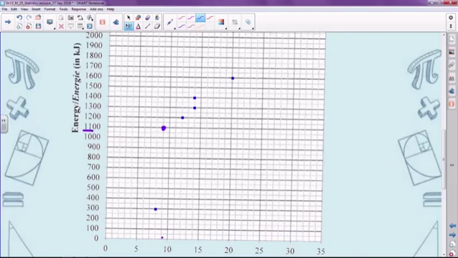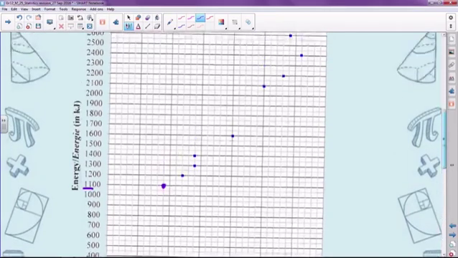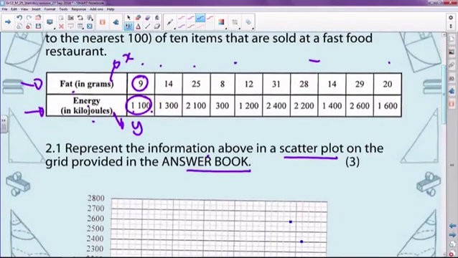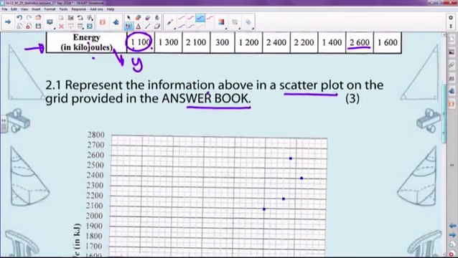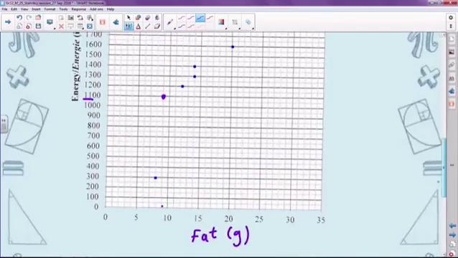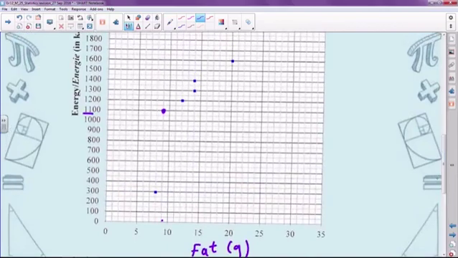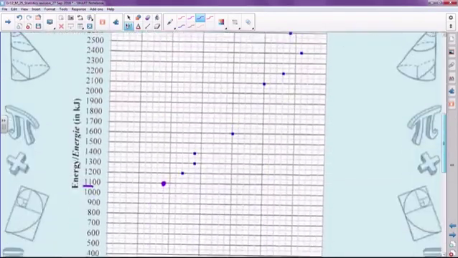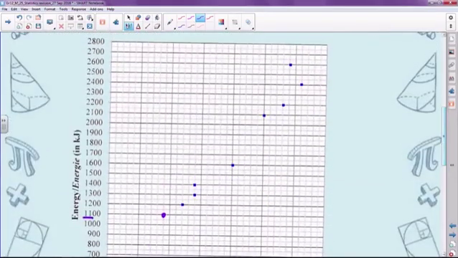We go through the rest of the points in the same way and plot each of them. Let's take one further into the table. So let's take when the fat content is 29, the energy released is 2,600 kilojoules. So I'll go to 29 on my horizontal axis. So 29 is just before 30, so it's that one there. We go up to where it meets 2,600 on the y-axis, which is your kilojoules released.